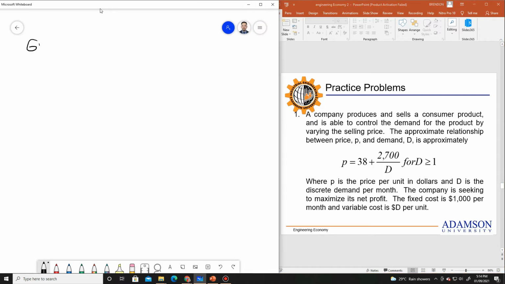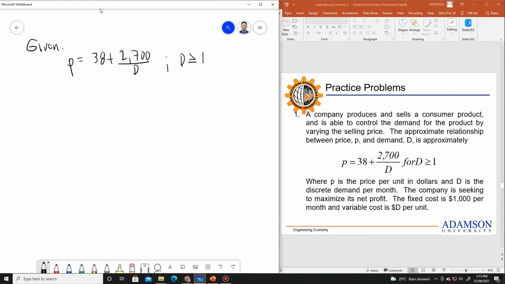Given is the equation P equals 38 plus 2,700 divided by D, where the condition is D should be greater than or equal to positive 1.